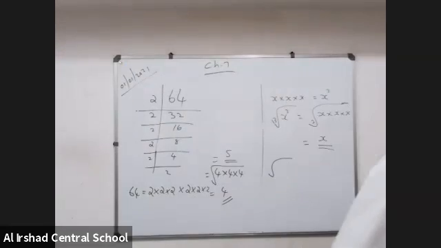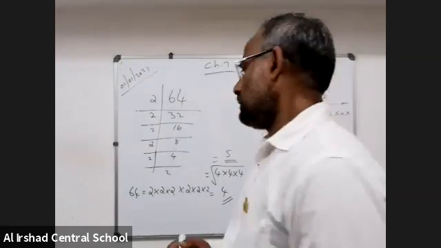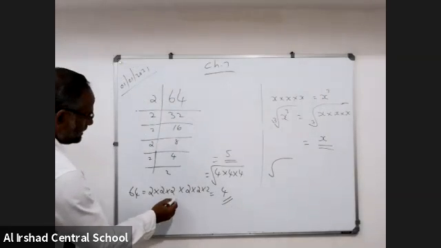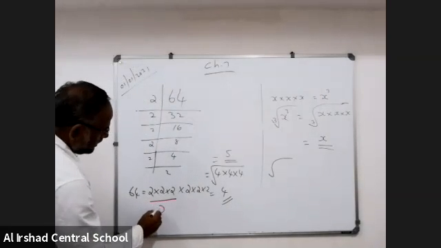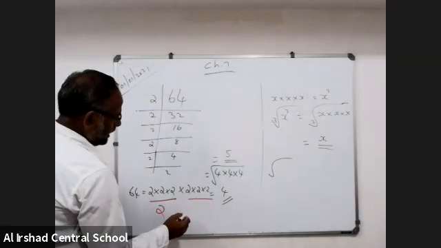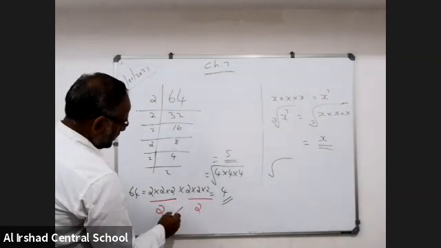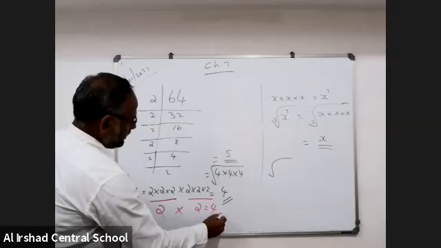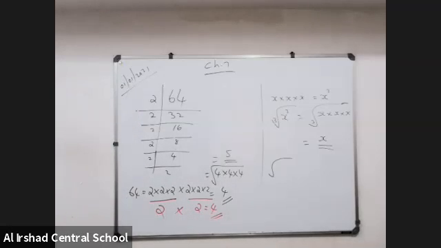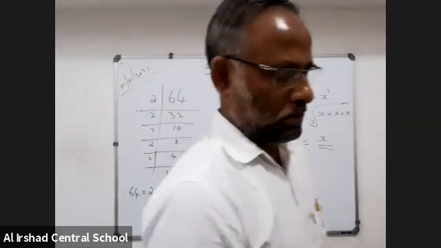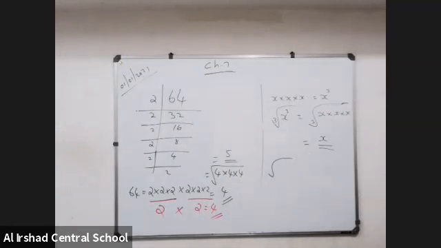In square, 2 times, but in cube, 3 times. 2 into 2, that is 4. Try the method. How can we find the cube root? Take 3 times the same number, and you take that.